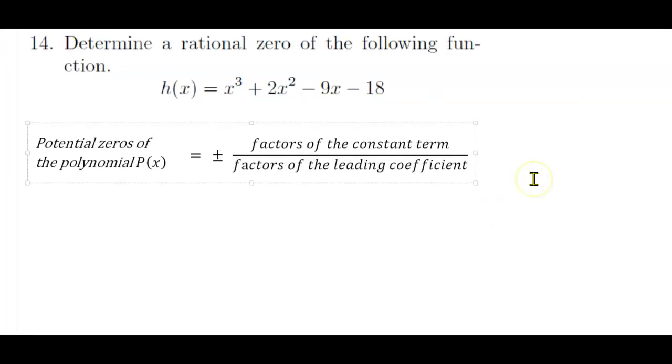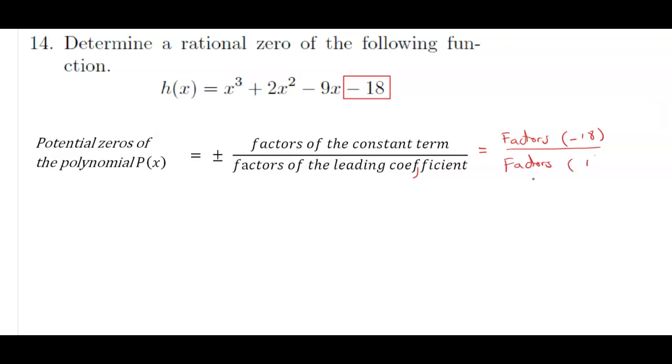So this is the formula, and if I apply it, it's going to be the factors of minus 18, or 18, which is the constant, divided by the factors of 1, which is the coefficient of the leading term, which is 1 here.